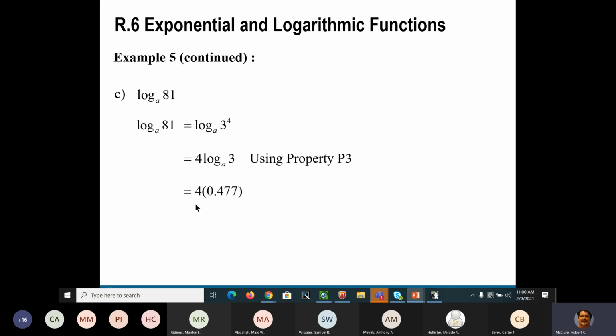I'm sorry. And that would be 0.477 and 7, and here 0.477. You should get the same answer. 1.908.